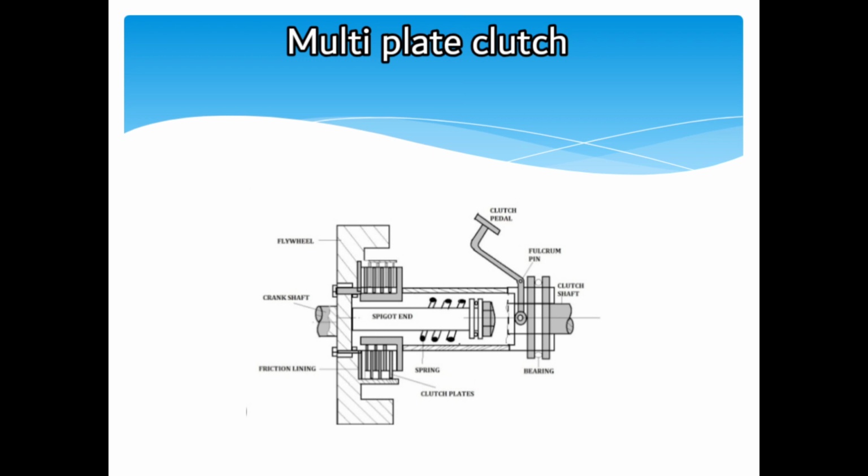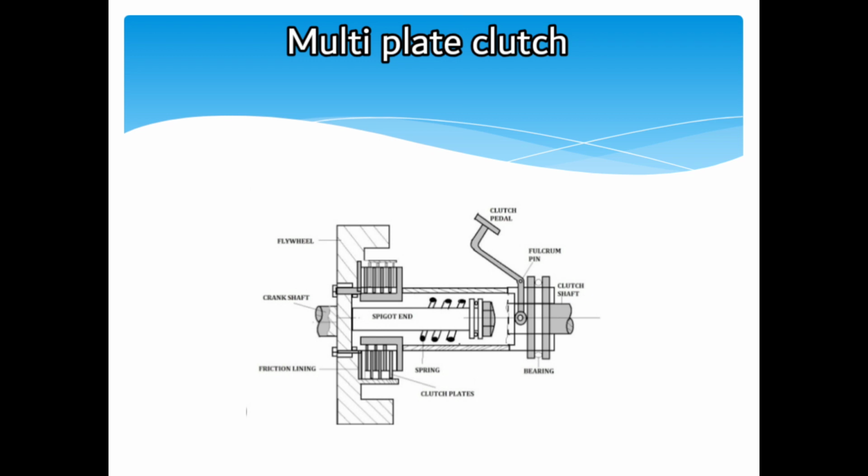A clutch in which 2 or more clutch plates are used is called a multi-plate clutch. The multi-plate clutch has multiple plates so that we can transfer as much torque as possible.